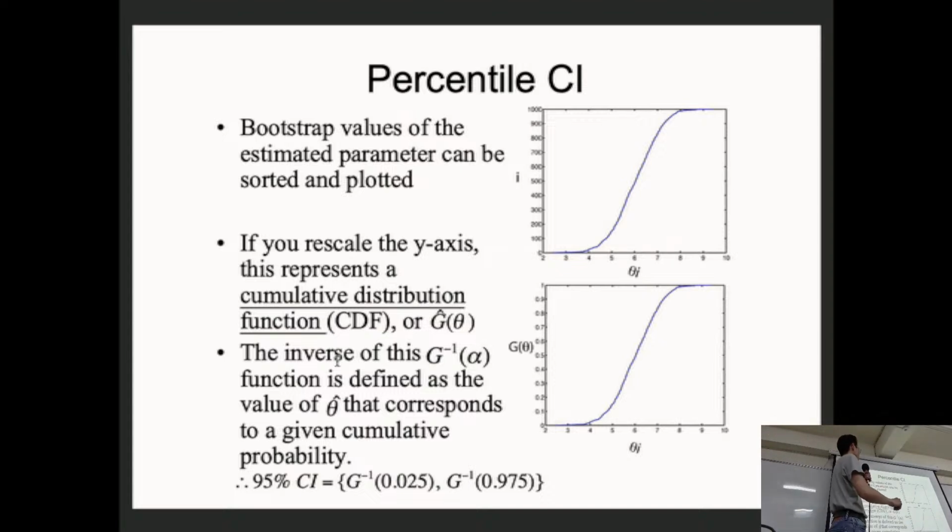So we can always create an empirical CDF for your theta I. There's always a one-to-one mapping between your percentile and your theta I. If you are interested in any theta I, you can get its percentile, and from the inverse you can go back, because it's always one-to-one.